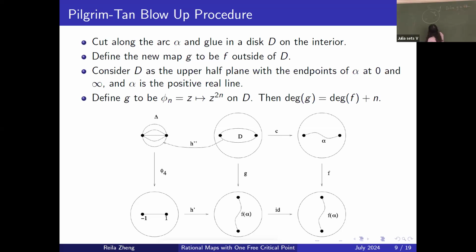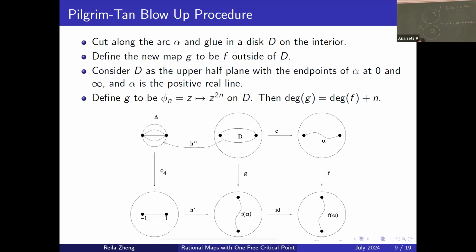You take this arc alpha, you cut along this arc alpha, and you glue in a disk. And you're going to define the map G to be equal to F outside of the disk. And on the interior of the disk, G is going to be the map n-fold cover of the sphere.